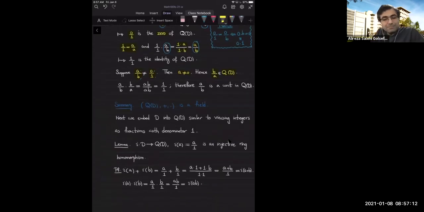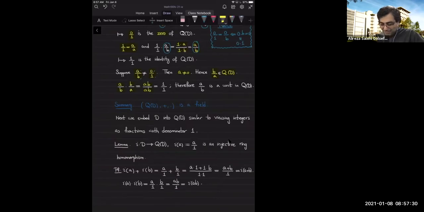So now my claim is that b over a is indeed the inverse of a over b. Let's multiply them. a over b times b over a, by definition and commutativity of D, is the same as ab over ab.